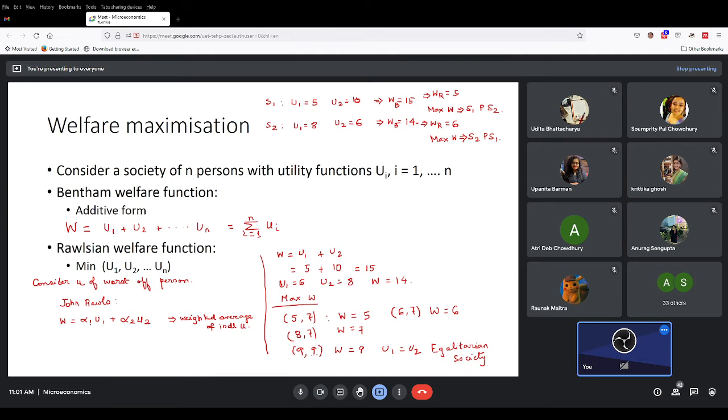Now, when I'm taking the weighted average, in case of Bentham, what are the weights? What is the value of alpha 1 and alpha 2 in case of Bentham? So 1. Yeah. So alpha 1 is equal to alpha 2 is equal to 1.